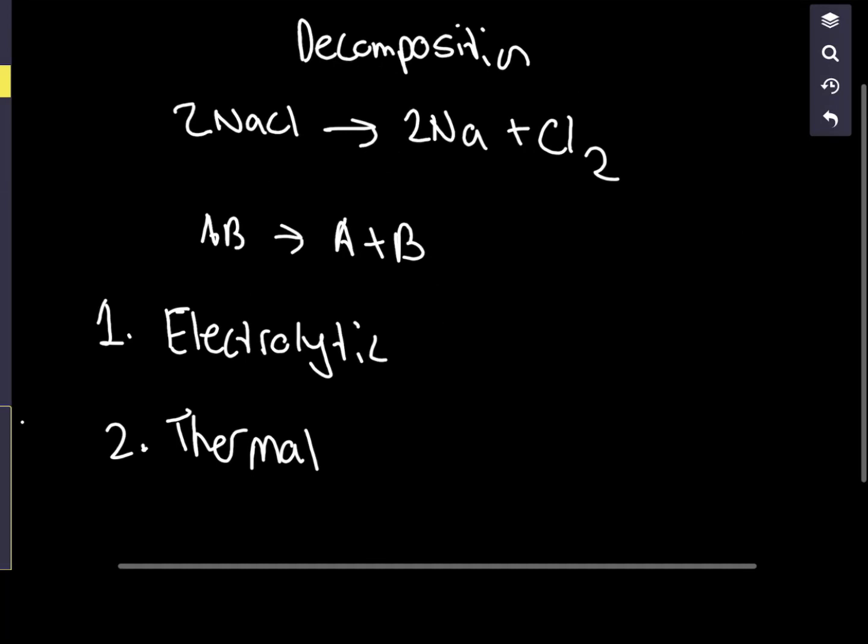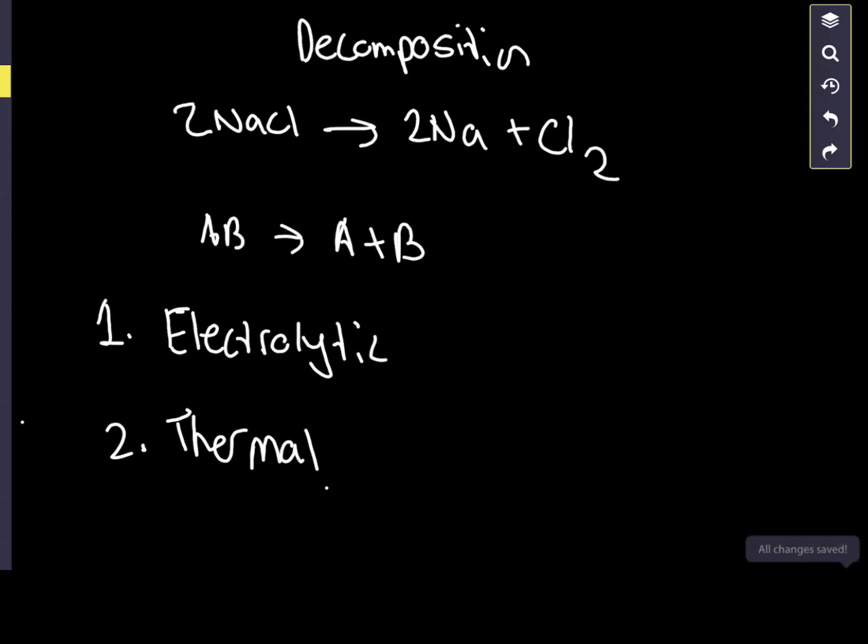There are two types of decomposition reactions: electrolytic type reactions and thermal reactions. And based on the name, you can kind of predict how these reactions are. One involves electricity and the other one involves heat. So let's talk about the first one. This is when you use electricity to fuel your reaction.